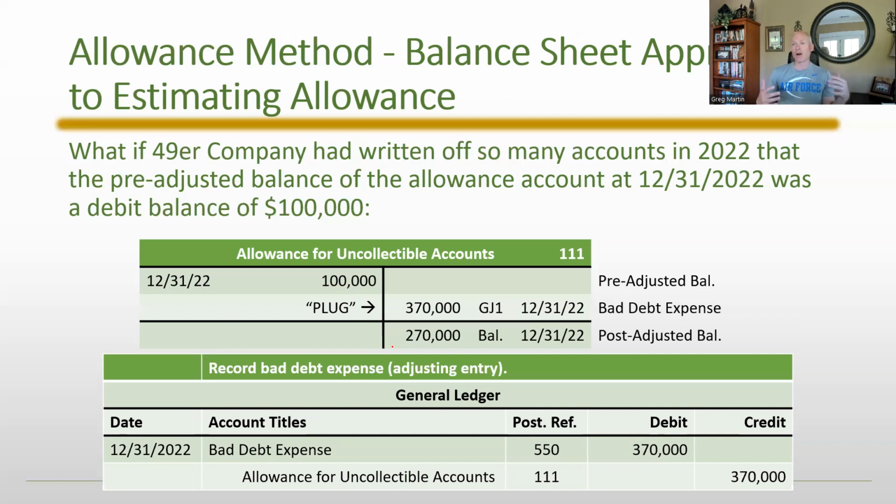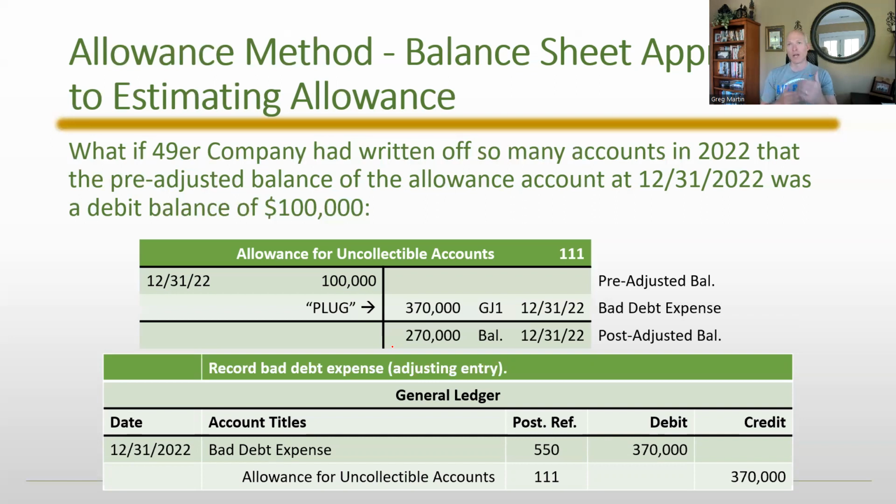Basically, if you think about it, what ended up happening is we underestimated the write-offs in 2021. And so the underestimation in 2021 created a bubble where now we're going to have a higher bad debt expense in 2022.